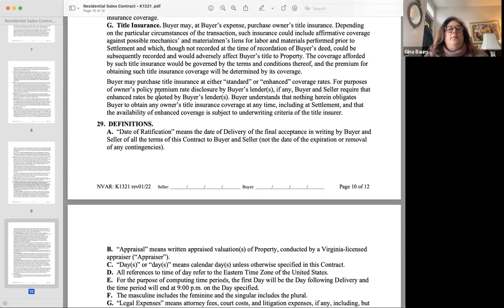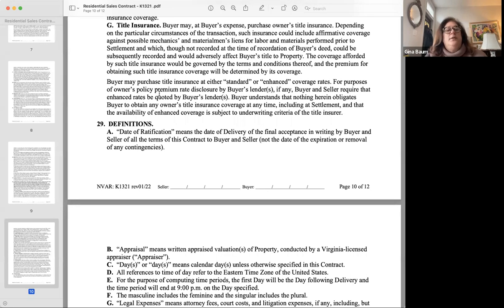Title insurance: buyer may at buyer's expense purchase owner's title insurance depending on the particular circumstances of the transaction. Such insurance could include affirmative coverage against possible mechanics and material men's liens for labor and materials performed prior to settlement, which, though not recorded at the time of the recordation of the buyer's deed, could subsequently be recorded and would adversely affect buyer's title to the property.